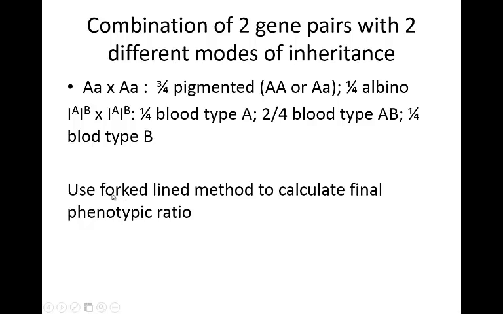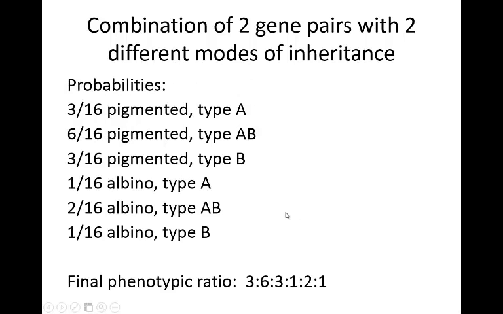And the way that you can do this is you can use the forked line method to calculate the final phenotypic ratio. So the probabilities, if you were to write these out and multiply them out, 3 out of the 16 would be pigmented type A blood, 6 out of the 16 would be pigmented type AB blood, 3 out of the 16 would be pigmented type B, 1 out of the 16 would be albino type A blood, 2 out of the 16 would be albino type AB, and 1 out of the 16 would be albino type B. And so this would give you a final phenotypic ratio of 3 to 6 to 3 to 1 to 2 to 1.